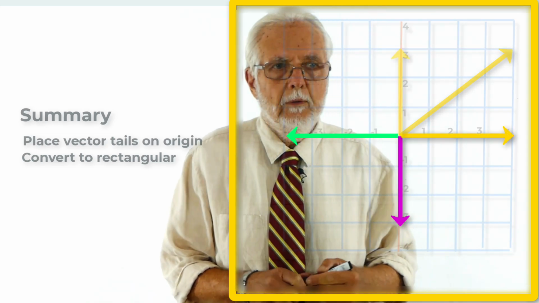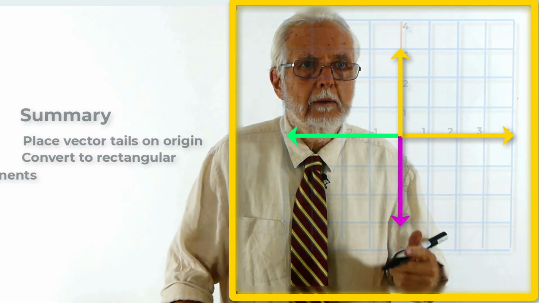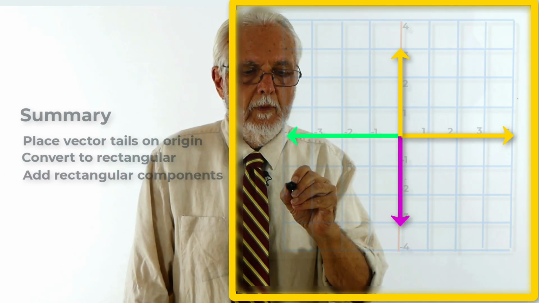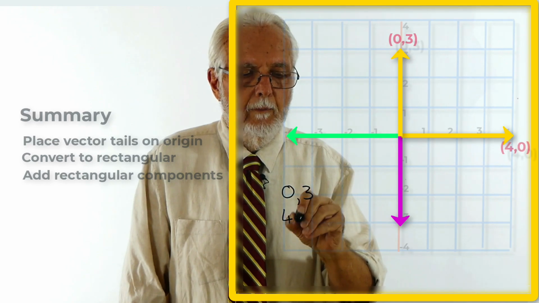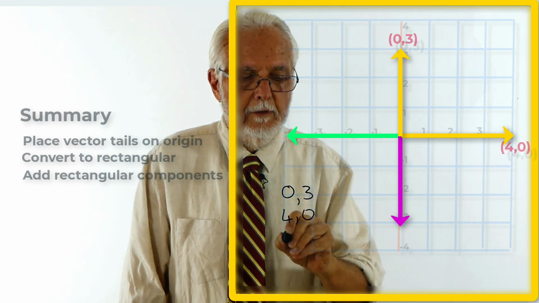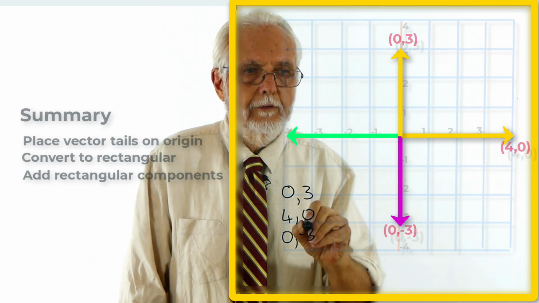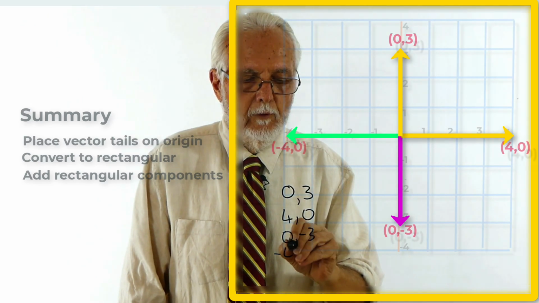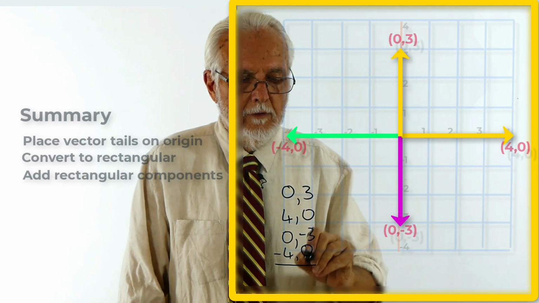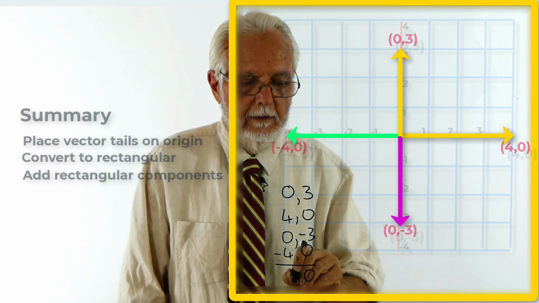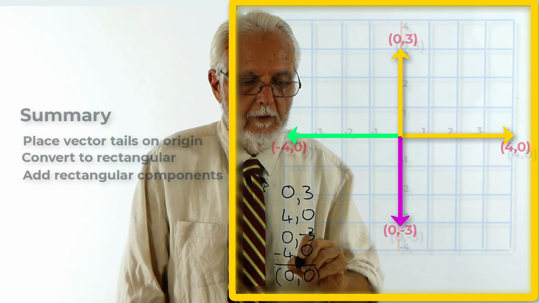So we add them up and we've got 0, 3, 4, 0, 0, negative 3, and negative 4, 0. So they add to 0, 0.